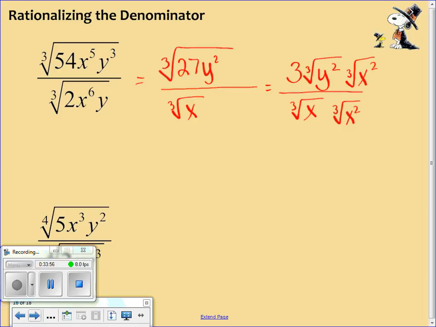That way this gives me x cubed, which makes that go away. So on the top, we have 3 times the cubed root of y squared x squared, I'm going to write it in alphabetical order because otherwise it'll drive me crazy, but it's not wrong otherwise, all over just x. It's not bad. It throws people because it's not quite the same as square roots.